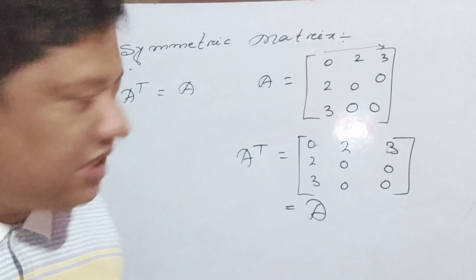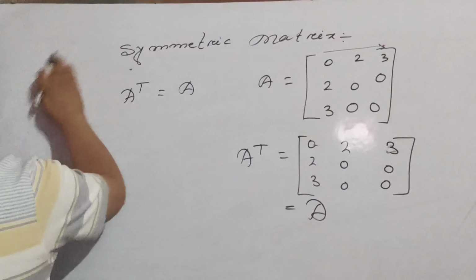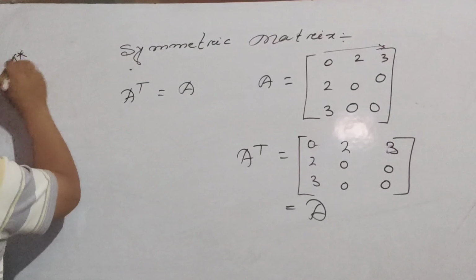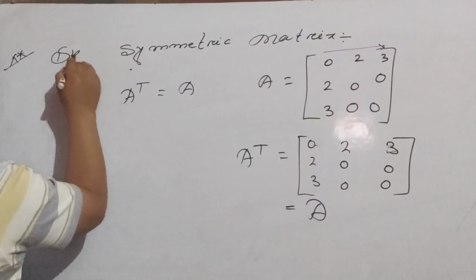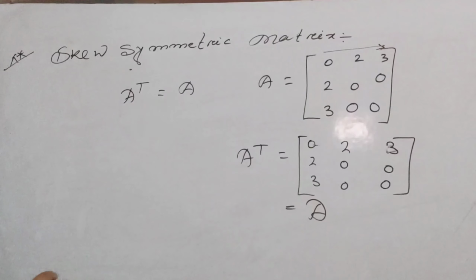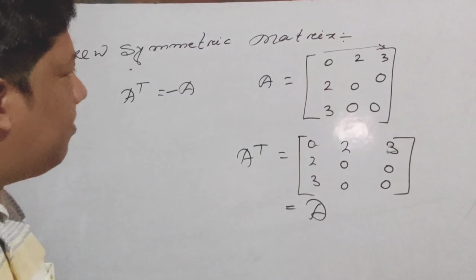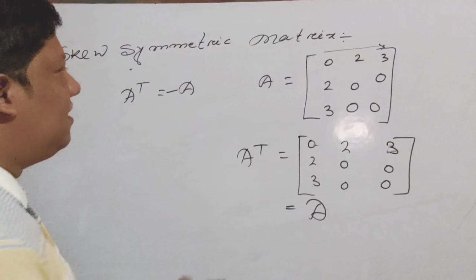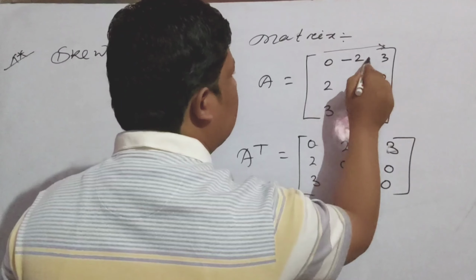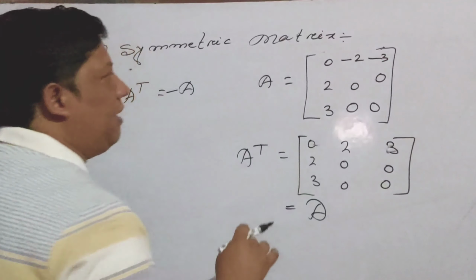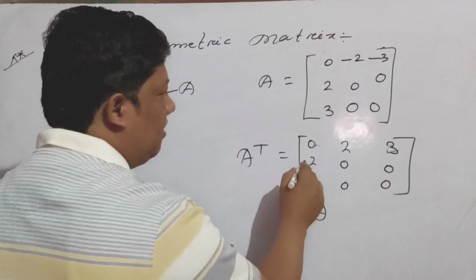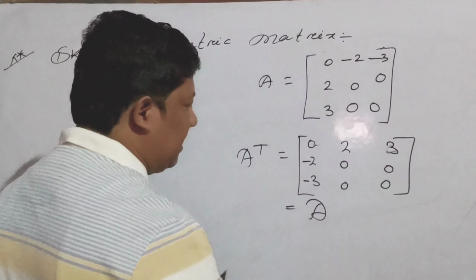Okay. Next, skew symmetric matrix. If you transpose the matrix and you get minus A, then it is called a skew symmetric matrix. Suppose I write the matrix like this. If I transpose this matrix, then I get minus 2, minus 2 and all elements are the same.